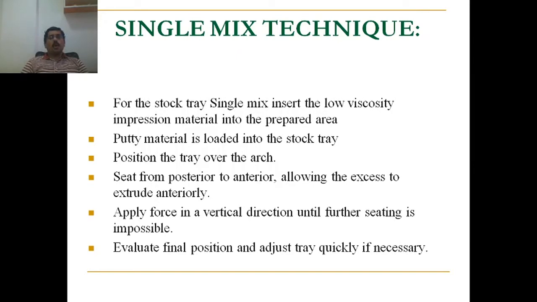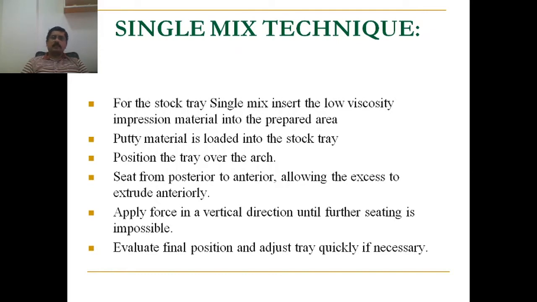To overcome this, what we can do is, as we did in the previous technique, make the putty material into a horseshoe and keep it in the stock tray. Afterwards, at the area where the tooth preparation is done, we will make a small dish there and fill light body into that dish.